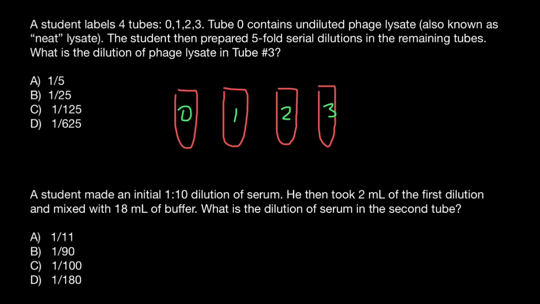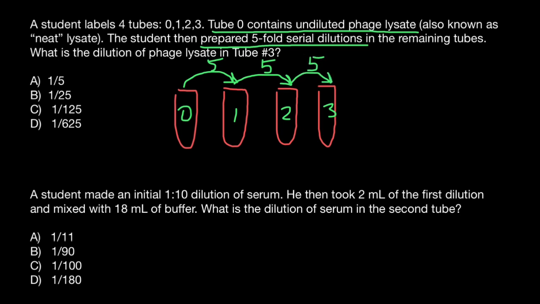According to our problem, tube 0 contains undiluted FH lysate, and then we have a series of 5-fold serial dilutions. So 5-fold here, 5-fold here, and 5-fold here.